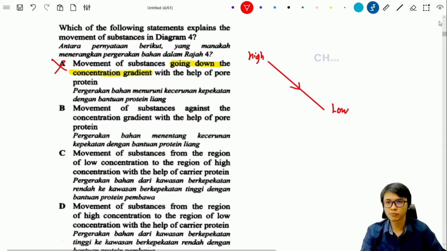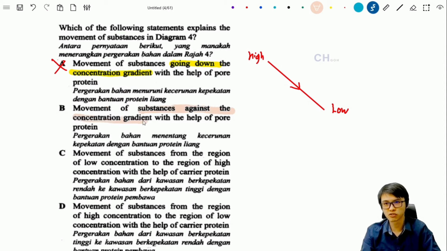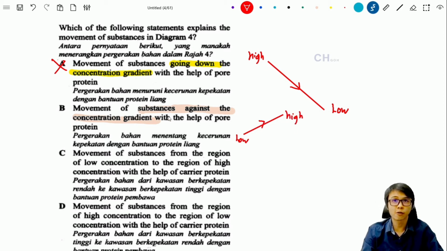Let's continue with B. Movement of substances against the concentration gradient. So this is correct. Against the concentration gradient means that the substance is moving from a low concentration area to a high concentration area. But you look at the last part of this sentence, with the help of the pore protein.